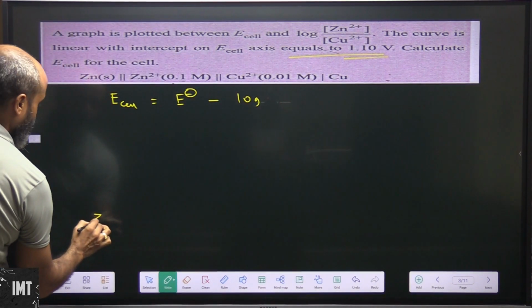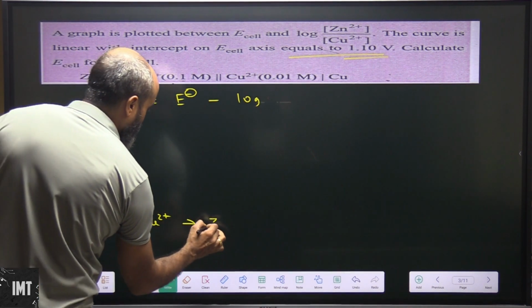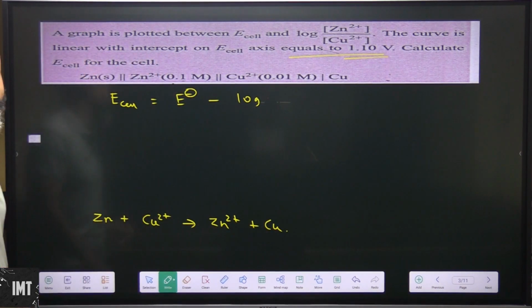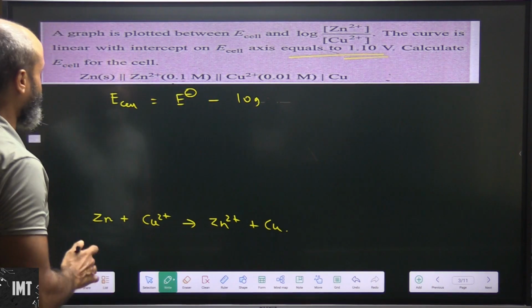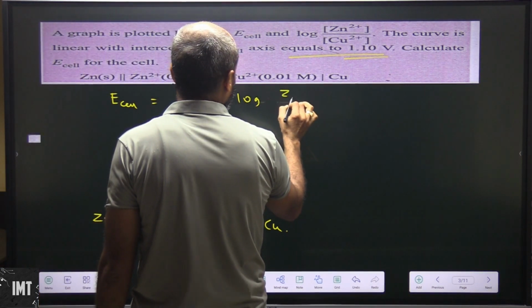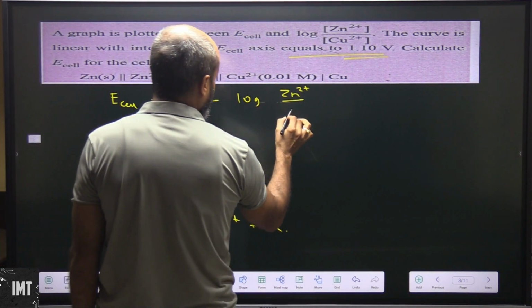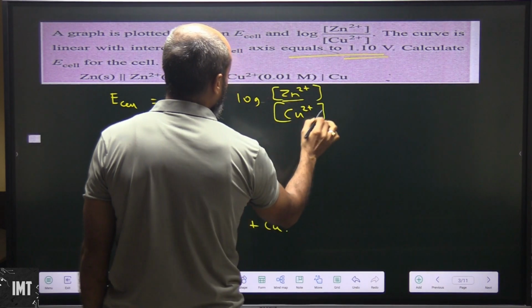We know that the reaction here is Zn plus Cu2+ giving Zn2+ plus Cu. Obviously the oxidation potential of zinc is higher, so it will undergo oxidation, and Zn2+ is what gets formed. So here it will be log of Zn2+ upon Cu2+, not taking the solid concentrations.